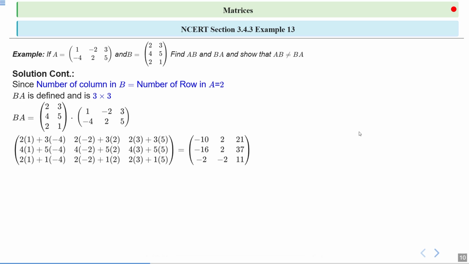Next 2 into 3 plus 3 into 5. Next one is 4 into 1 plus 5 into minus 4. 4 into minus 2 plus 5 into 2. 4 into 3 plus 5 into 5. Next one is 3 into 1 plus 1 into 2 minus 4. 2 into minus 2 plus 1 into 2. And 2 into 3 plus 1 into 5, which is equal to minus 10, 2, 21; minus 16, 2, 37; minus 2, 2 and 11.